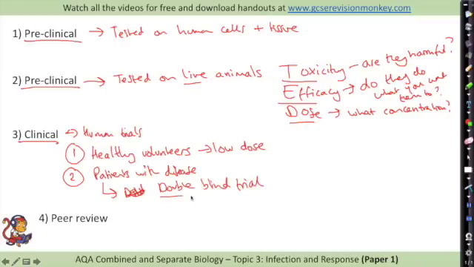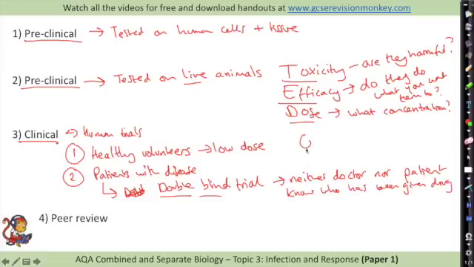And what this means, because it's double blind, it means neither the doctor nor the patient know who has been given the drug. So, for example, if you had 6 people that were taking part in this double blind trial, at random, some of the people would be given the drug.